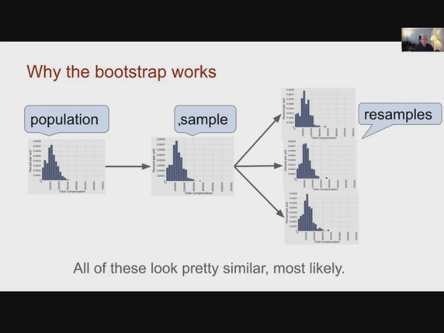So we're going to resample the first sample that we took. Each one of these resamples is going to generate a new estimate for us. And because the sample that we took resembles the population, this technique will work out well.